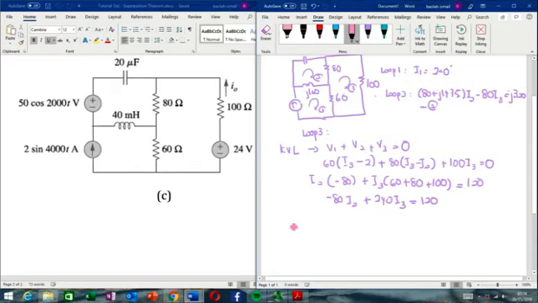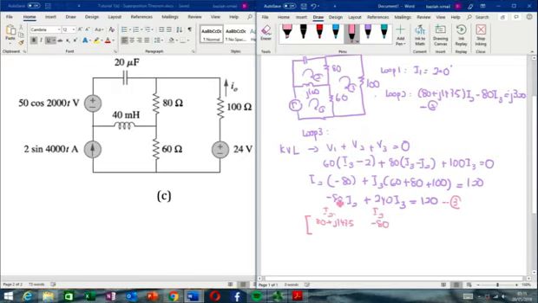Okay, so this one we have rearrange equation 2 and equation 3 in matrix form. So this is for I2 and this is for I3. So I2 for equation 2 we have 80 plus j147.5. And then for I3 for equation 2 we have negative 80. Okay.